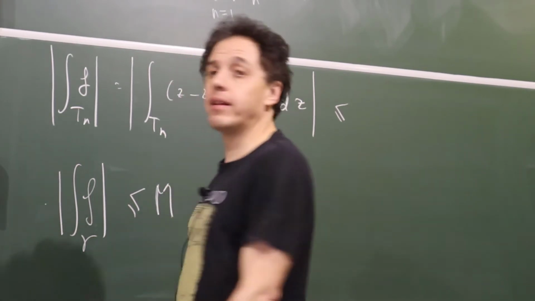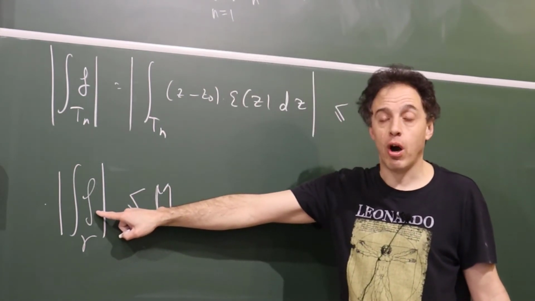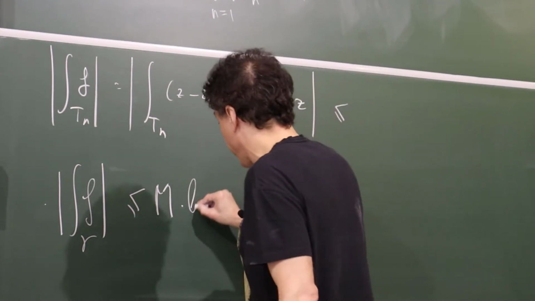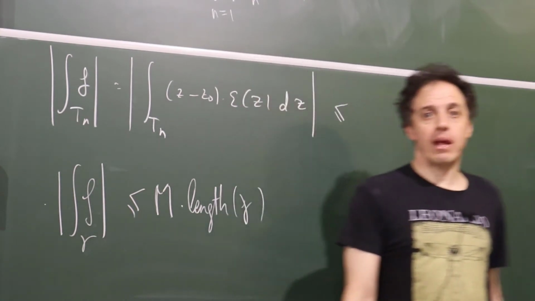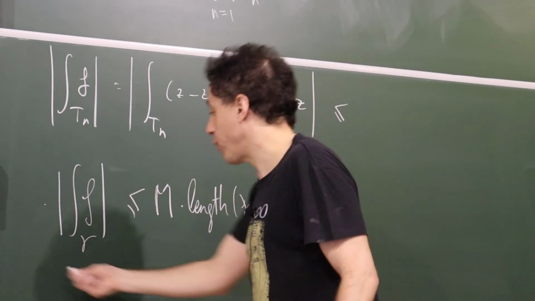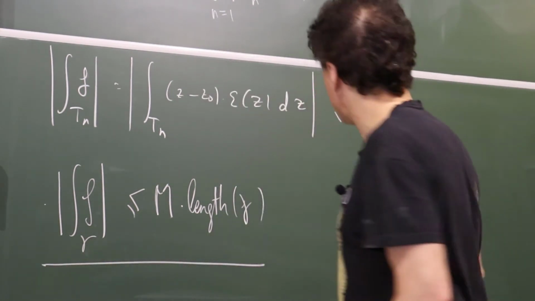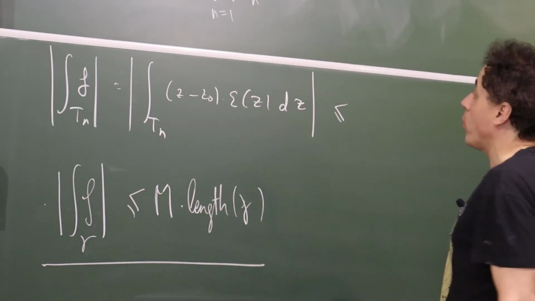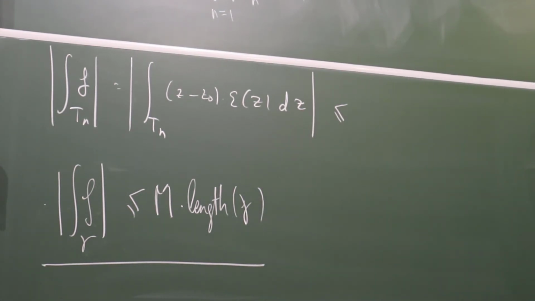So let big M be a bound of the modulus of the function f along this path, times the length. This is straightforward to show that this property is verified. Okay?